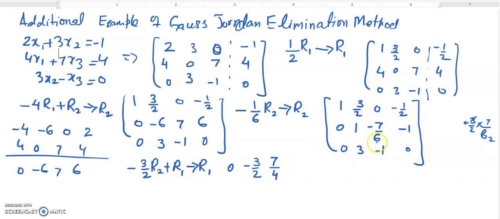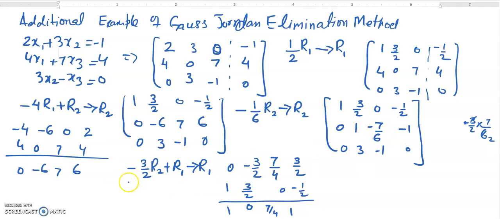And then -3/2 times -1 will be plus 3/2. Now this has to be added into the first row, which is 1, 3/2, 0, -1/2. So after the addition we will get 1, 0, then 7/4, and then 3/2 minus 1/2 is 1. So this will be the new row 1.